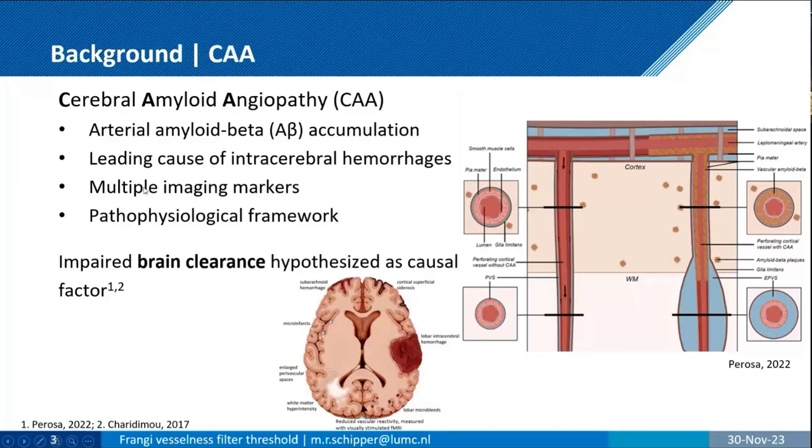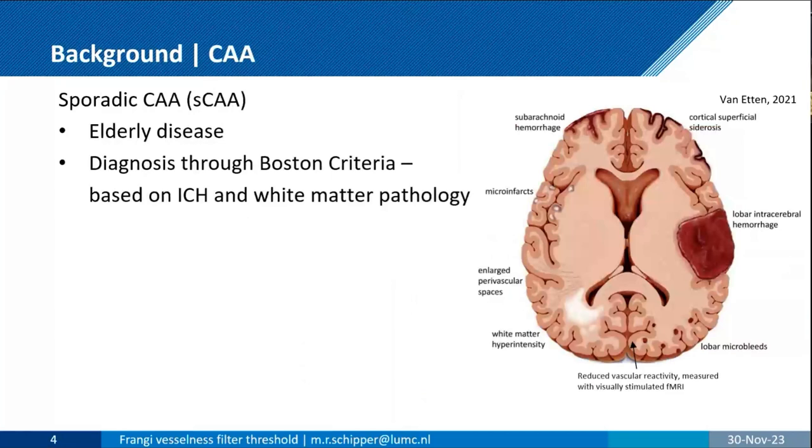And then in the white matter portion of the same vessel, you see enlarged perivascular spaces. This indicates that amyloid beta is not being cleared well enough from the brain. We all have amyloid beta within our brains, but it's pathological if it's accumulating in the vessels. Something is going wrong, but we're not really sure what.